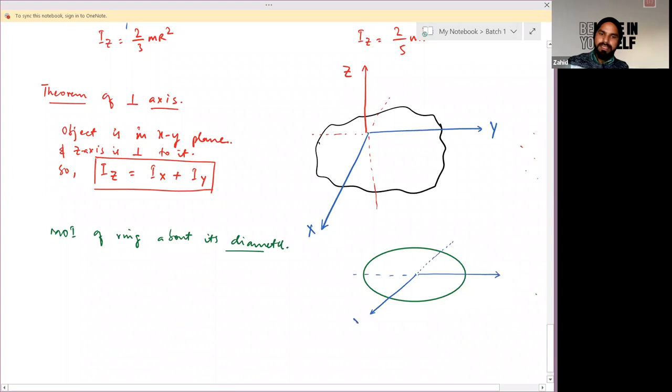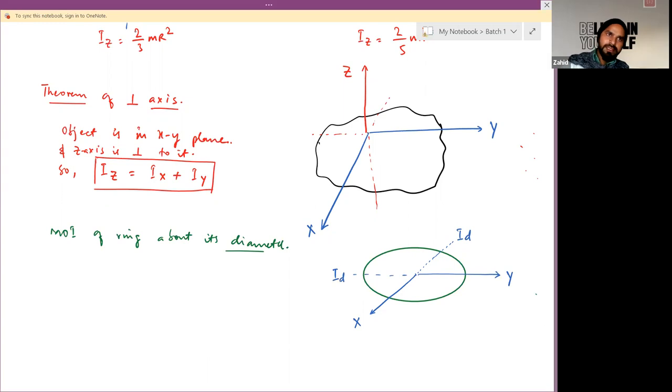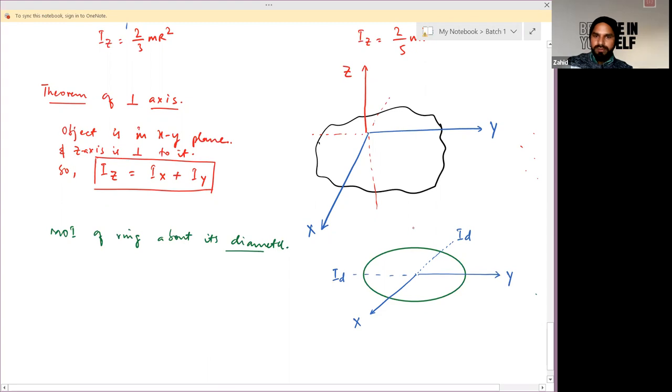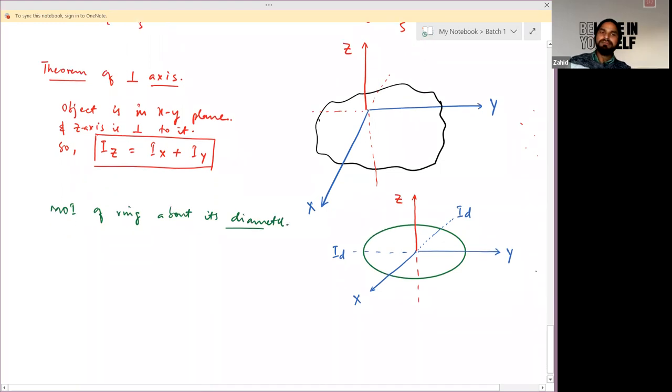So this will be the x-axis, which is a diametrical axis. This is the y-axis, which is also a diametrical axis. And the z-axis will be perpendicular to it, so it will be along this direction. Is it clear? Yes, sir.